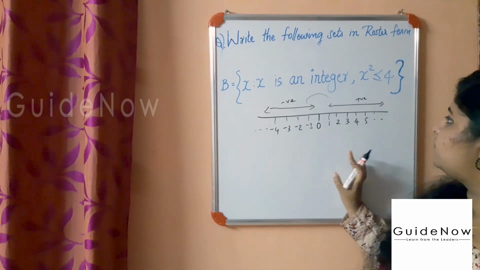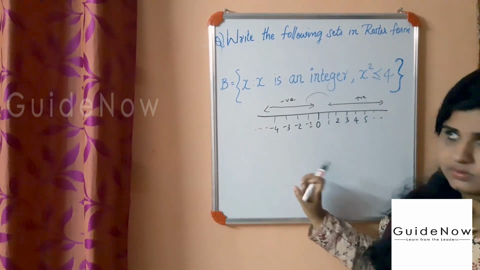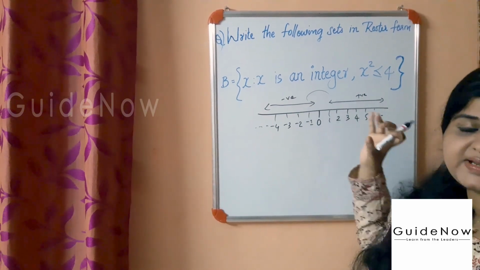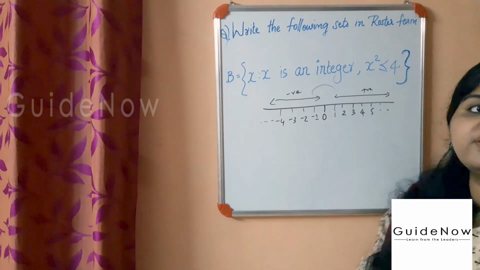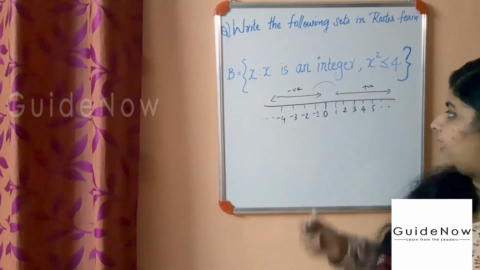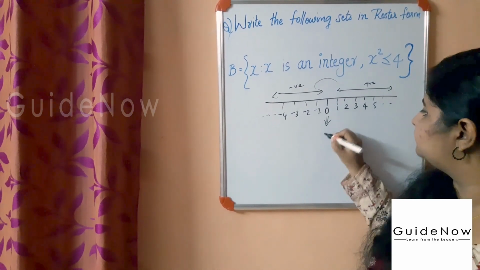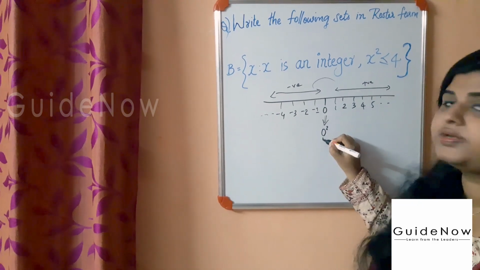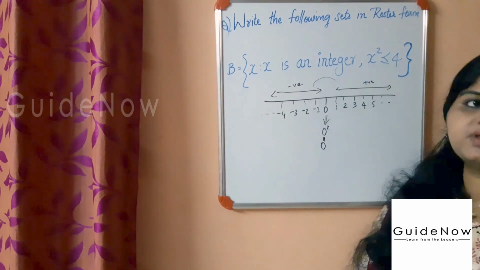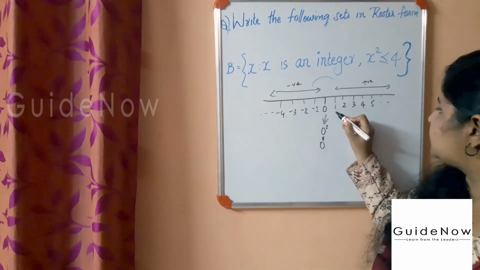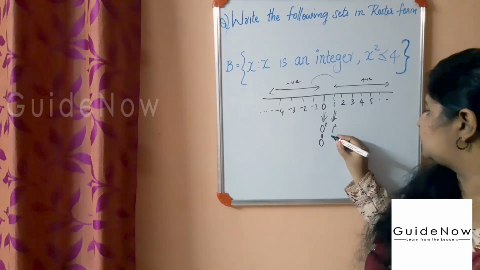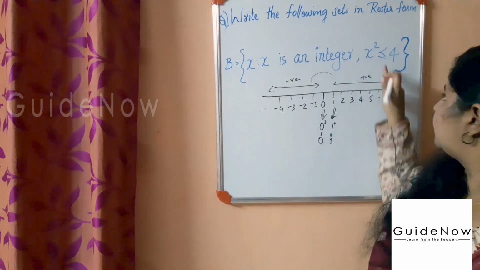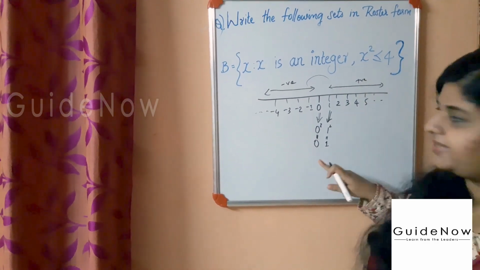Here we have to find the integers x whose square is less than or equal to 4. What is 0 square? 0 square is equal to 0. What is 1 square? 1 square is equal to 1, which is less than 4, so the condition is satisfied.